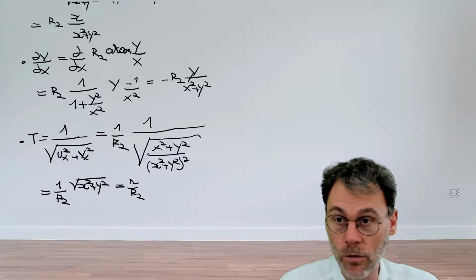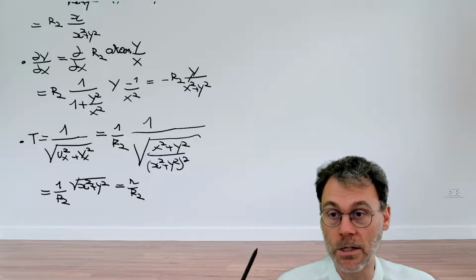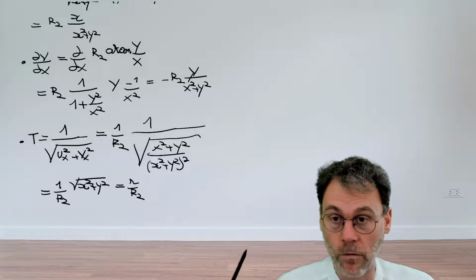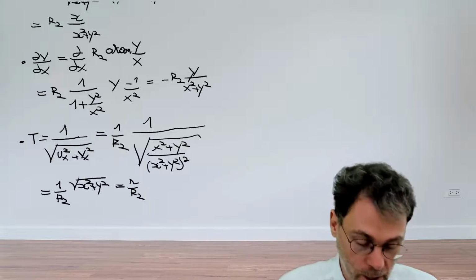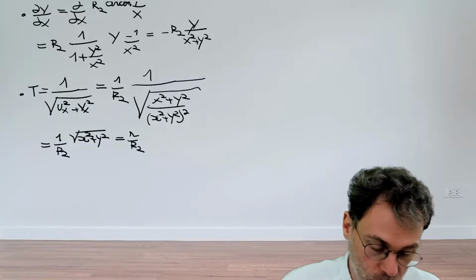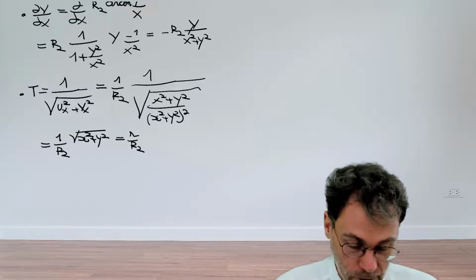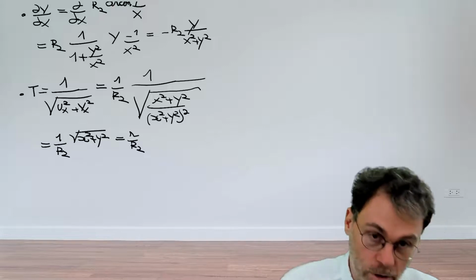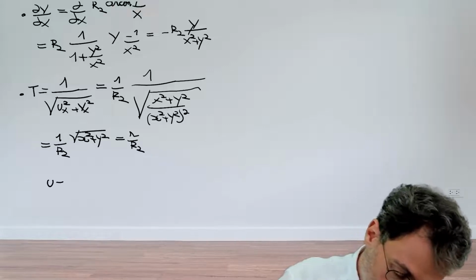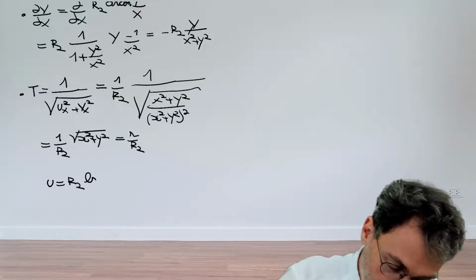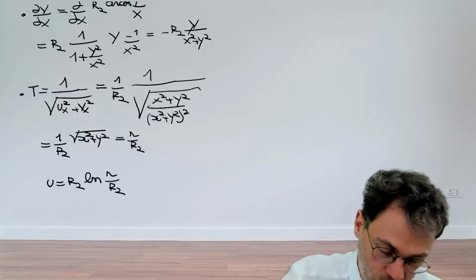But what we really would like to have is expressing this back in terms of u and v, because we will express the whole equation in terms of u and v. So that's the whole point of the conformal transformation. But that's pretty easy to do. Just remember the transformation. U was equal to r2 times the logarithm of r divided by r2.